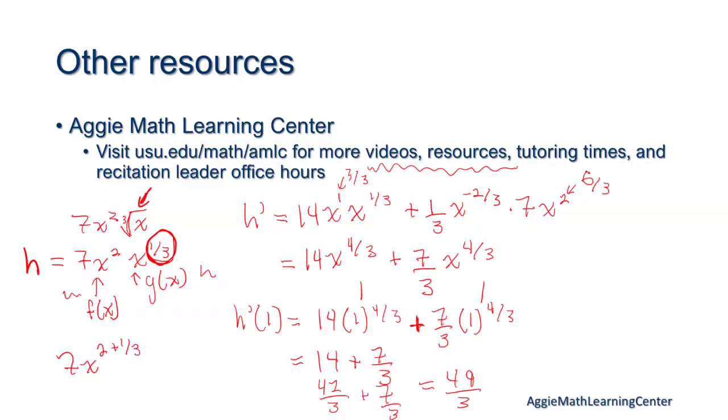That would have been faster. So then it would be 7x to the 7/3. Then you'd multiply by 7/3 and subtract from the exponent, 7/3 minus 2/3 would be 5/3.